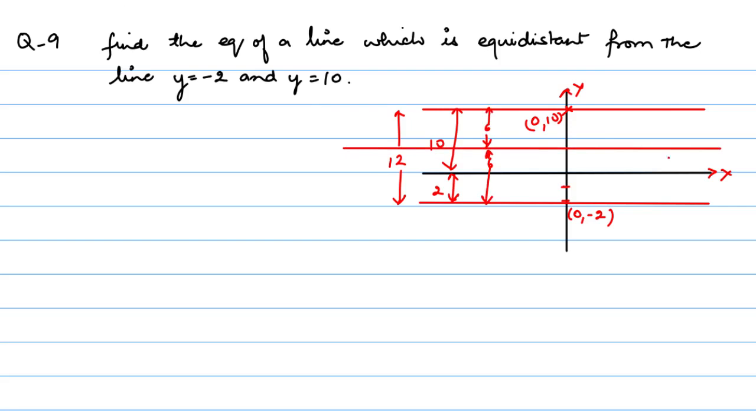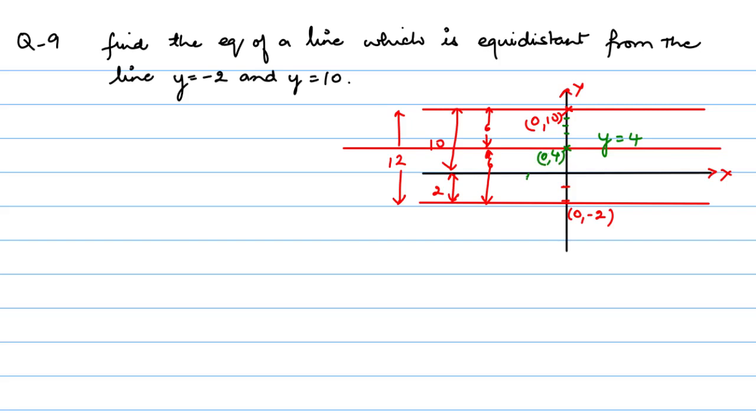Since this line is again parallel to x-axis, its equation would be y is equal to something. Now, what is that something? We have moved 6 units below, therefore 9, 8, 7, 6, and so on. We'll land up at 4.